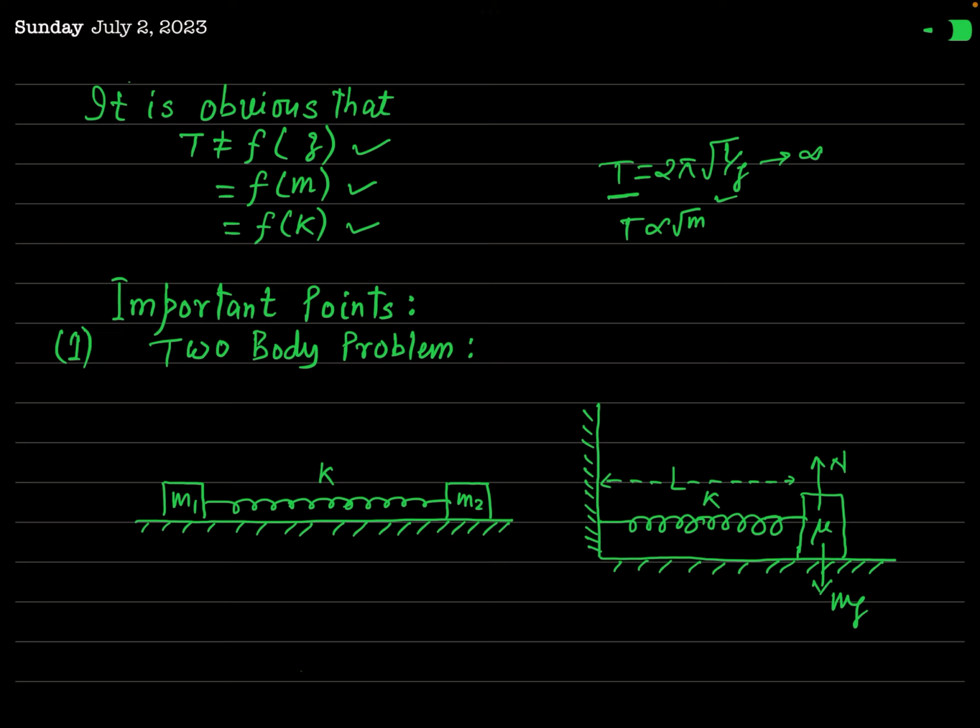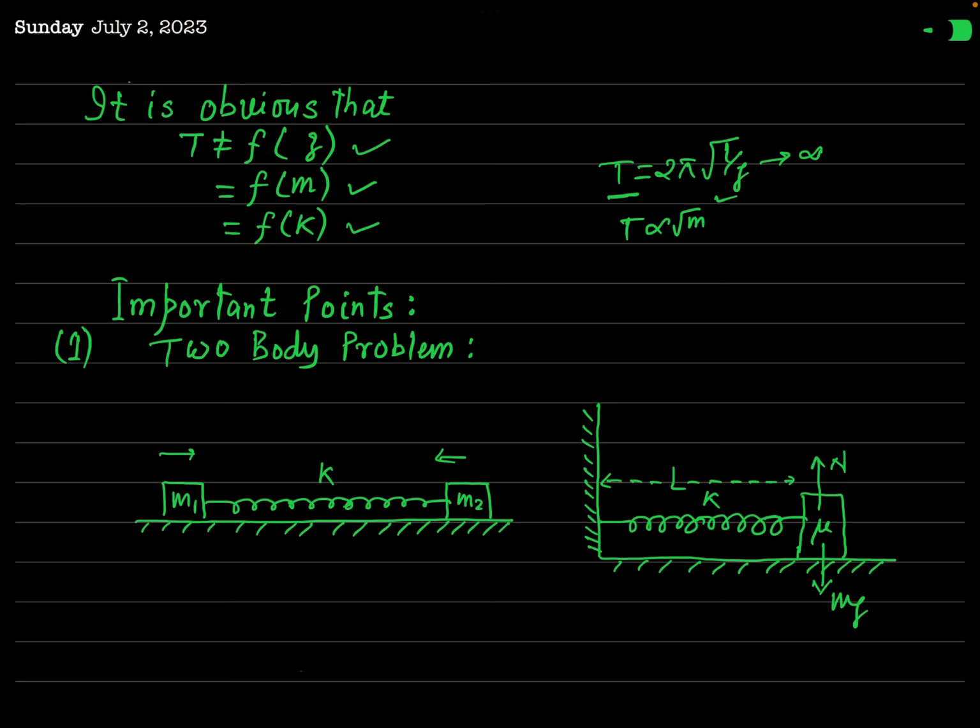Now, a question is invariably asked that if there are two blocks, as you can see in this figure, of masses m1 and m2, attached by a massless spring of spring constant k, and you compress these two masses so that the spring gets compressed, or you stretch the spring and release the masses, what will happen?